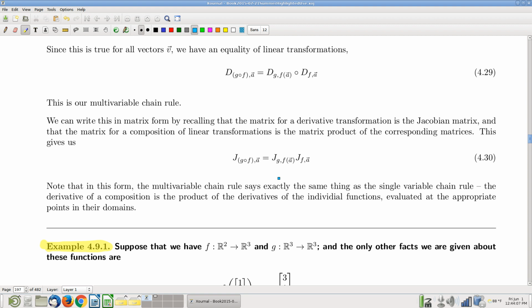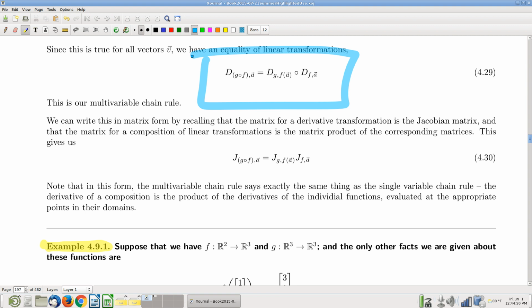Okay, by the way, don't forget, multiplication of matrices corresponds to composition of linear transformations. So a different way to think about the chain rule is to think about it as a statement. Instead of multiplication of Jacobian matrices, you can think of it as a composition of derivative transformations. It's arguably more elegant written like this.